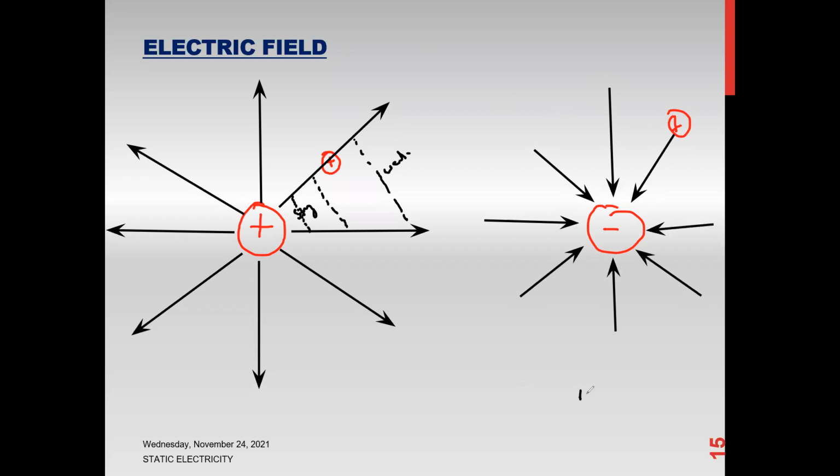So for negative charges it is into, and for positive charges it is out, because the direction of the electric field is always the direction in which the positive charge experiences a force. For example, this is the direction of the electric field.